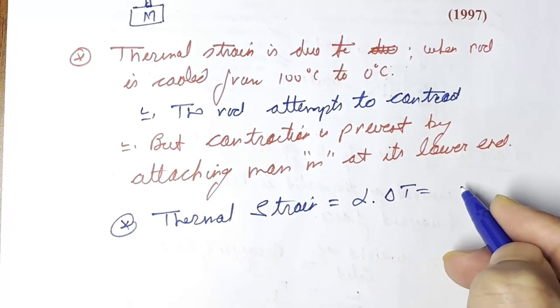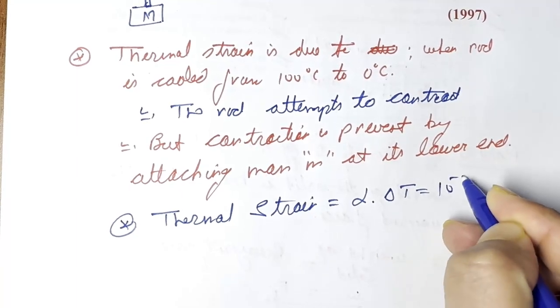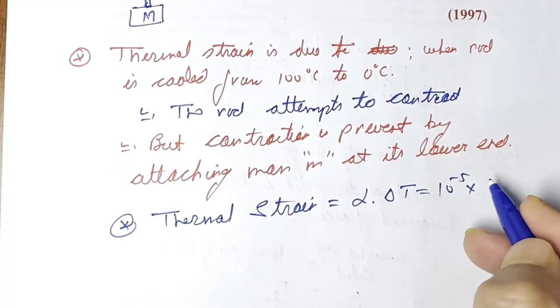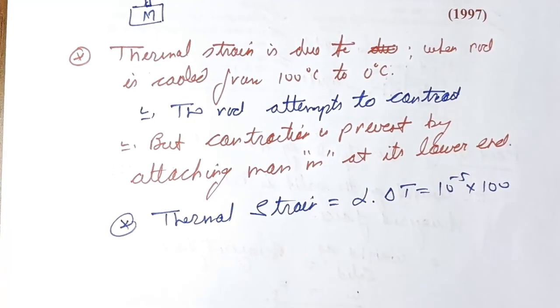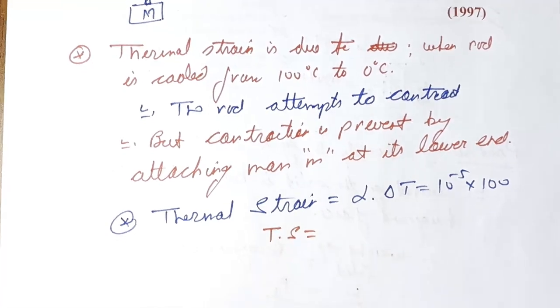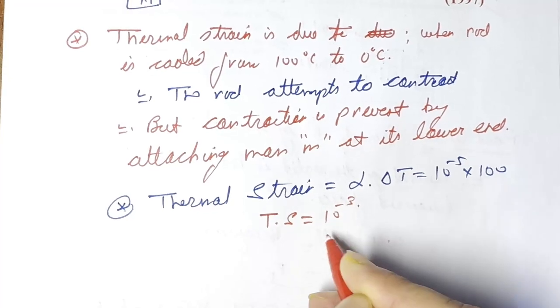Alpha, the coefficient of linear expansion, is 10^-5, and the difference in temperature is 100 degrees centigrade. So our thermal strain will be equal to 10^-3.